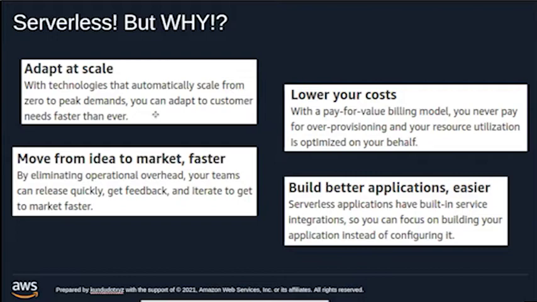You don't need to worry about it at all with your serverless application on AWS. At the same time, when you are adapting this scale, you don't need to worry about cost either, because you only pay for the amount of time you utilize your resources. You don't need to over-provision your services or pay a fixed price for the services you are using.